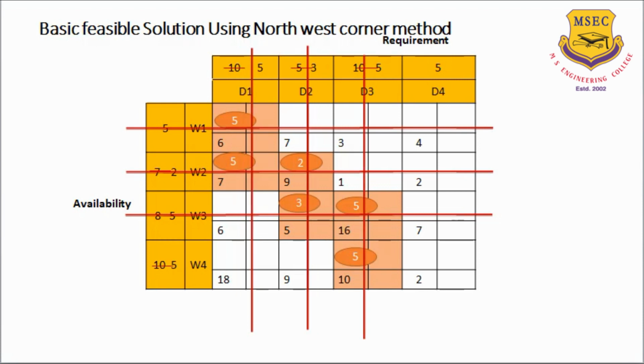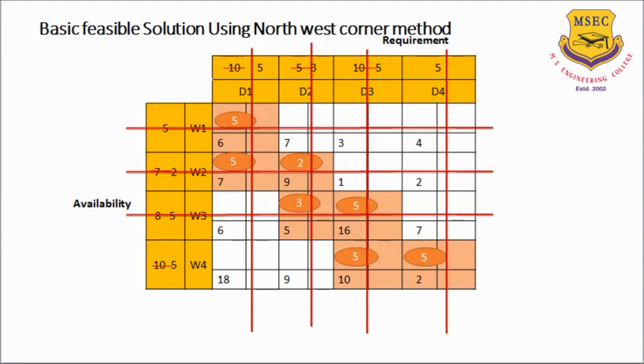The last northwest corner cell for the entire matrix is W4 D4. We now transport another 5 units from W4 to D4, and that is the end of the northwest corner method.